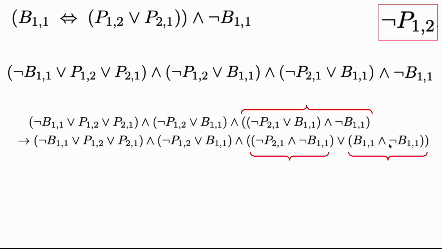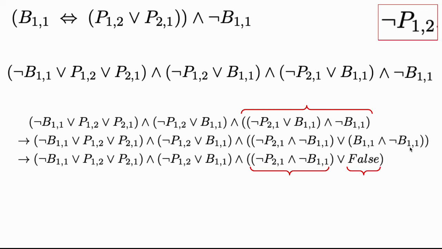So what is this? B11 and not B11. This is obviously always false, because this can never be true: if this is true then this is false, if this is false then this is true, and an AND operator will obviously give us false.